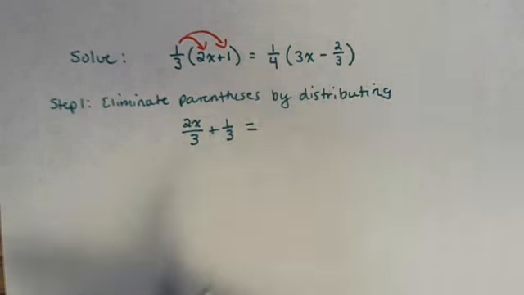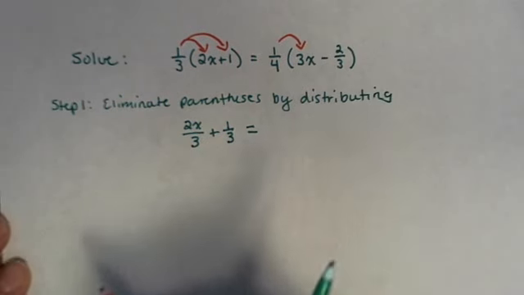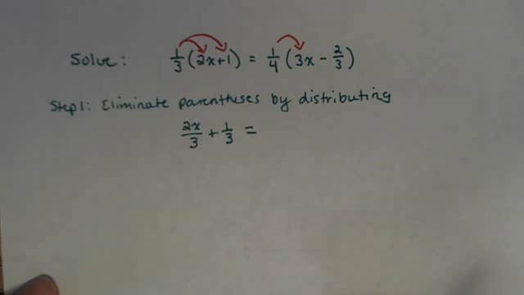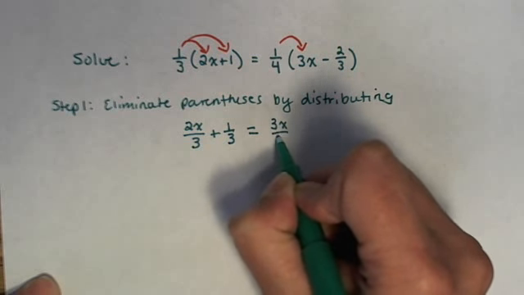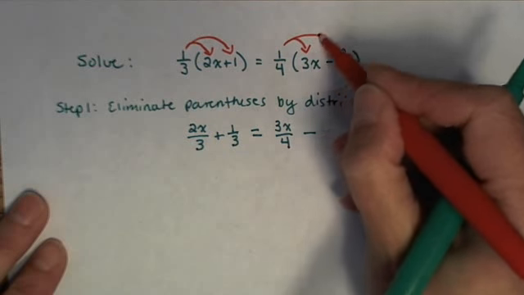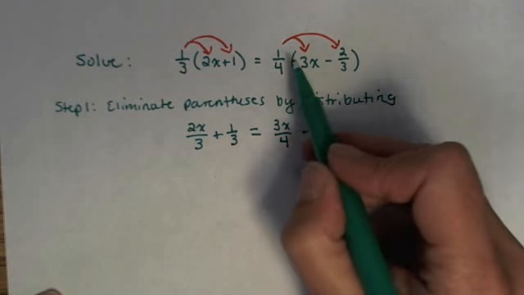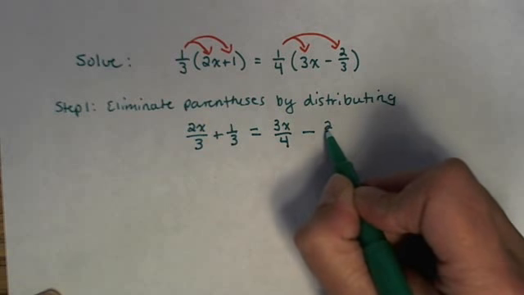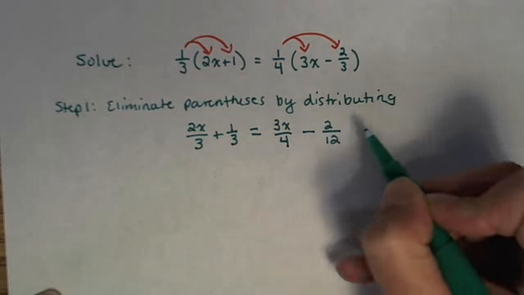And that's going to equal, and I do the same thing on the right hand side, 1/4 times 3x is going to give me 3x over 4 minus the 1/4 times the 2/3. Now 1 times 2 is 2 and 4 times 3 is 12.